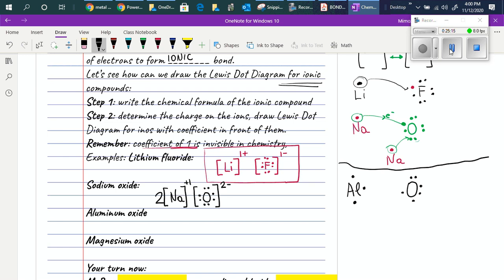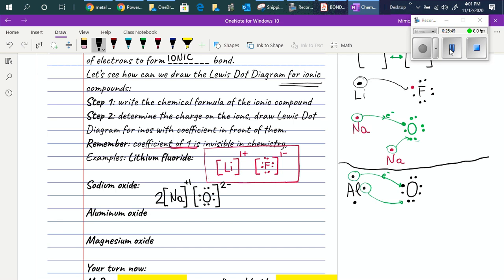Okay, so now let's see this process here. One electron of the aluminum is moving to complete the bonding electron of oxygen. Okay, the other electron of aluminum is going to complete the other bonding electron of the oxygen.